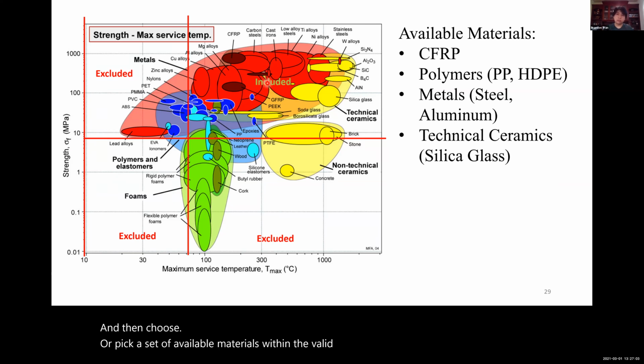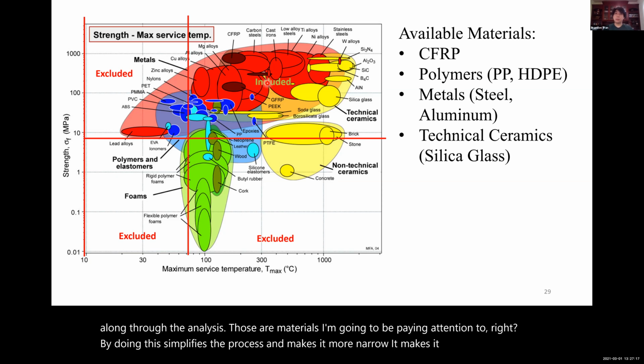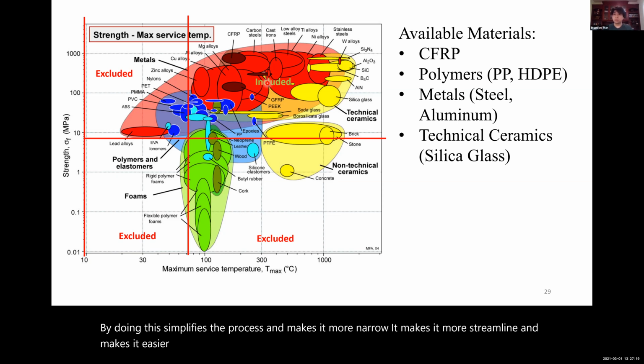Those are materials I'm going to be paying attention to as I go on through the analysis. By doing this, it simplifies the process, makes it more narrow and streamlined, and makes it easier to bookkeep what materials are valid and what materials are not. In this case, even though all these metals are valid, lead alloys are not.